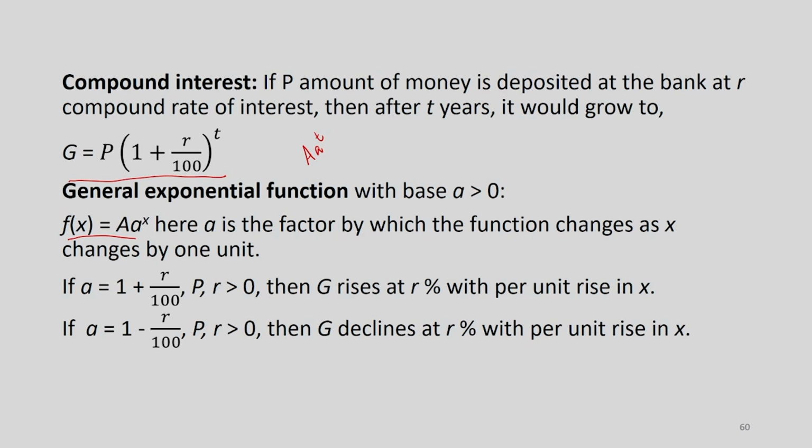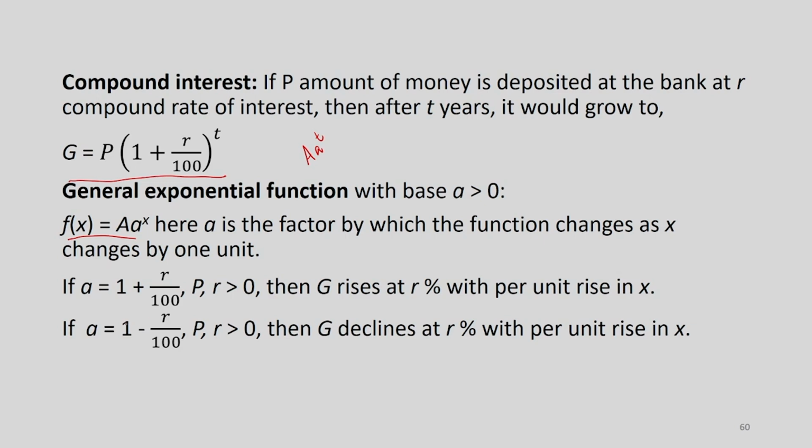So, here x is that independent variable, x could be equal to t, it could be something else. Okay. So, that is why I have written here small a is the factor by which the function changes as x changes by 1 unit.